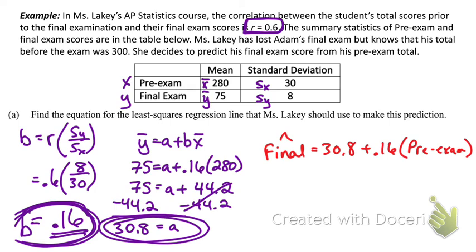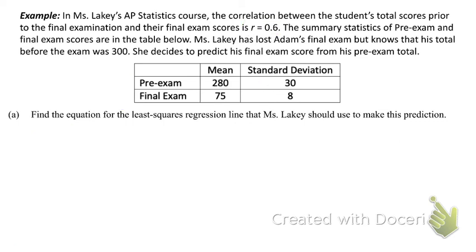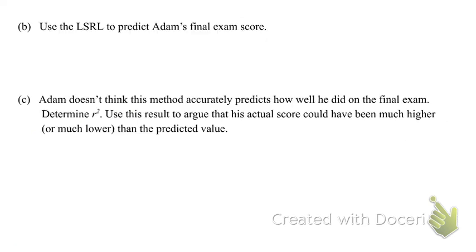Me too. So now, guys, we're going to use this equation and actually tell Adam what he's going to get on his final exam since I lost his test. So, Mr. Adam, here we go. Final hat equals 30.2 plus 0.16 times, what am I going to plug in?